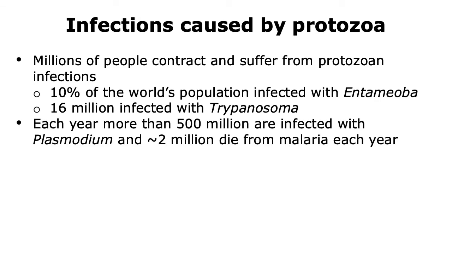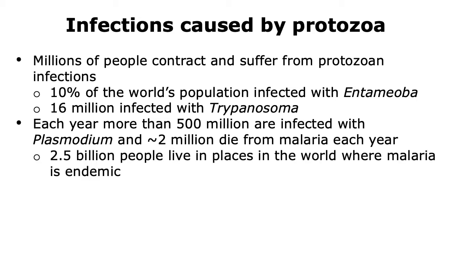Each year, more than 500 million are infected with Plasmodium, which causes malaria. And of those 500 million, approximately 2 million die every year. In fact, 2.5 billion people live in places in the world where malaria is endemic. And thus, we can see that protozoa are able to cause many different types of infections that result in a huge toll on people's health.